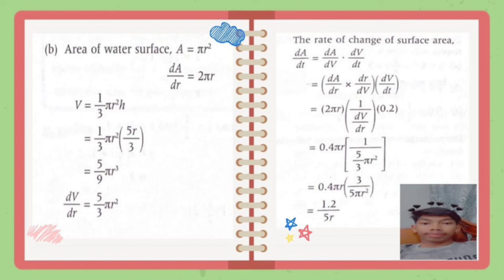After that, we find dA over dt by multiplying dv over dt with dA over dv. dA over dt equal to 0.2 times 6 over 5r, and we will get 0.24 over r. We know that r equal to 3h over 5, so we can substitute it, and we will get the answer for the rate of change for the surface area of the water, which is 2.4 pi cm squared per second.